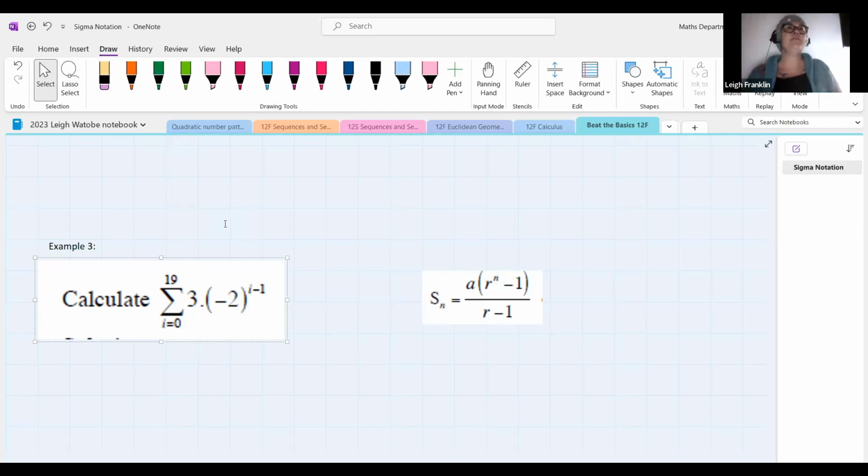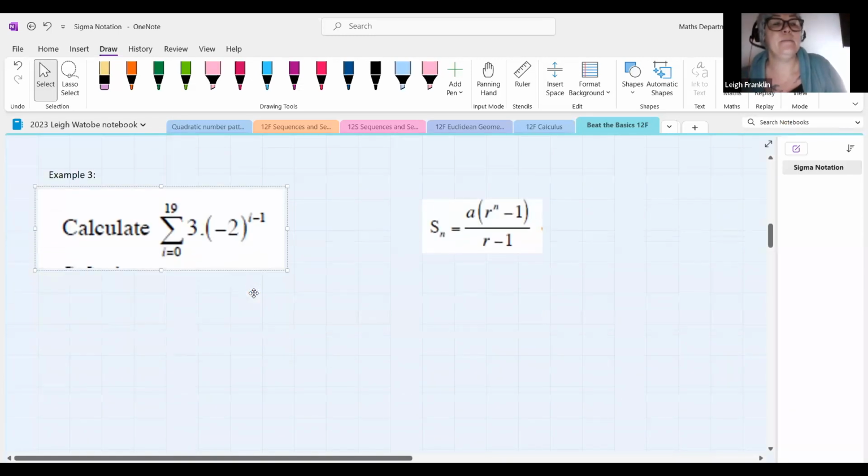But now let's pretend that we didn't know that it was geometric. How would we know? Well, we would have to begin by subbing in and generating the first 3 terms of the pattern. That would give us an idea as to whether there was a difference or a constant ratio.